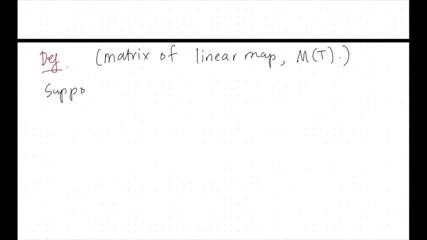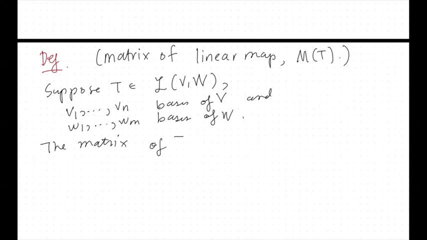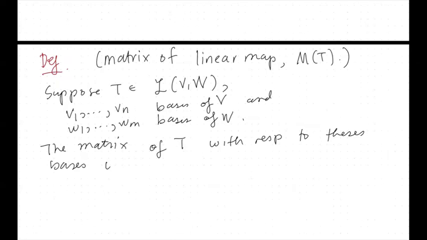Suppose that T is a linear map from the vector space V to W, and V1 to Vn are bases of V, and W1 to Wm are bases of W. The matrix of our T with respect to these bases is the M by N matrix.